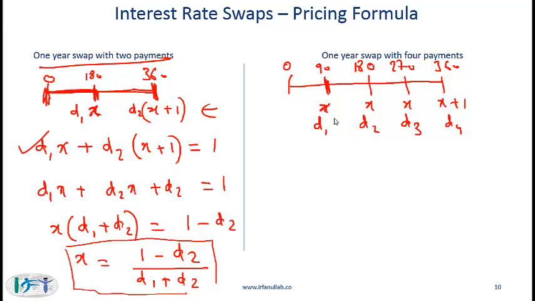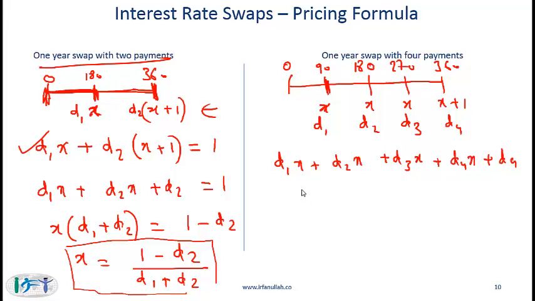So what is the present value for the fixed rate instrument? That is simply D1x plus D2x plus D3x plus D4x plus D4 into 1, which is simply D4.